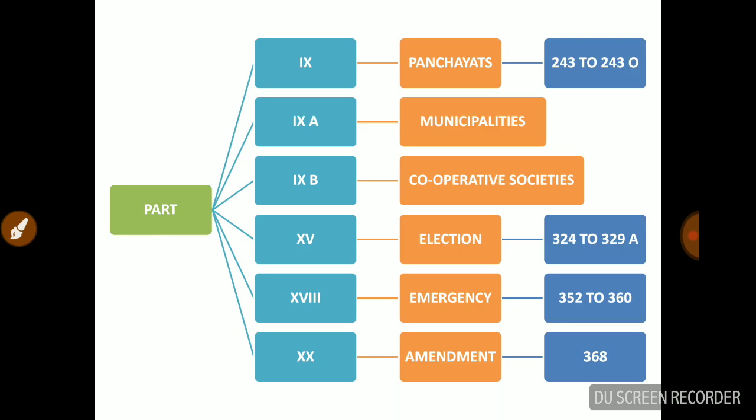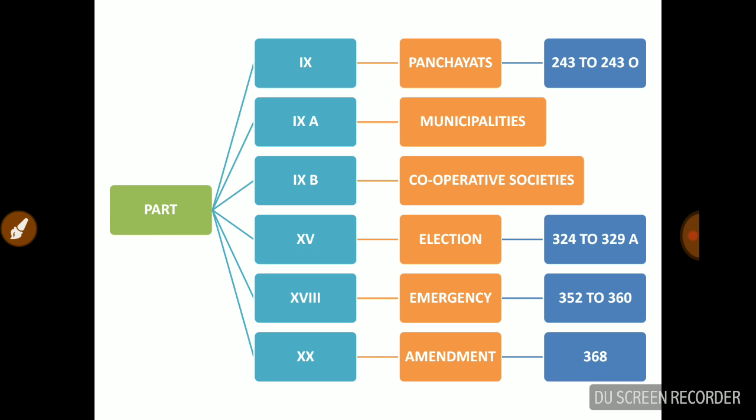Other than part 1 to part 4A, we will discuss a few important highlighted parts. Part 9 is Panchayat, articles 243 to 243O, part 9A is Municipalities, and 9B is Cooperative Societies. Part 5 talks about elections, and the articles are 324 to 329A.